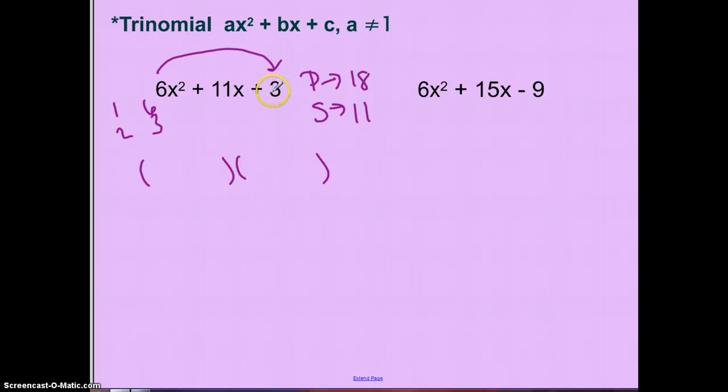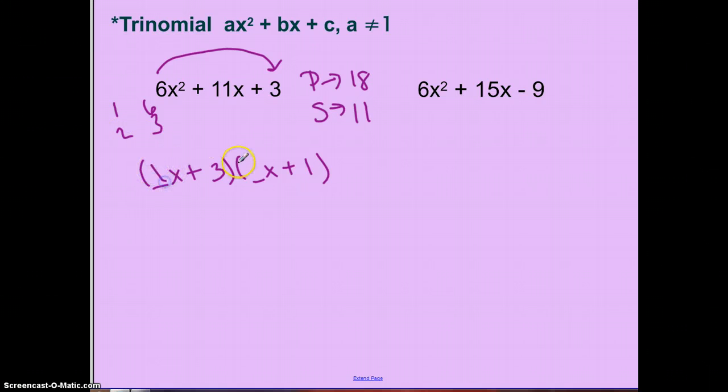But over here, the only way I can get a 3 as my last number is a 3 and a 1. Alright, everything here is positive, so I know I'm adding. So what I have to figure out is how many x's go in each one to come up with that 11 in the middle.